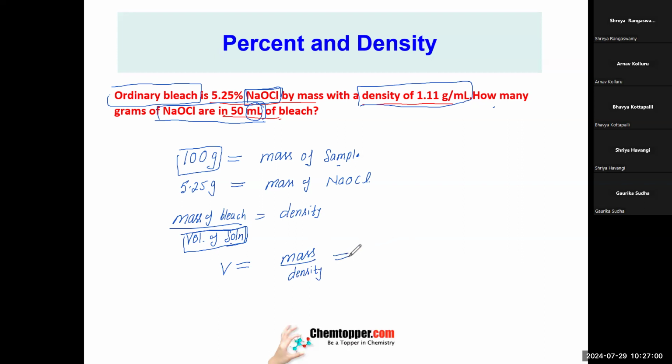So what is the mass? 100. We assumed it has 100. What is the density? And the answer will be in ml, milliliter. Can you work out this?